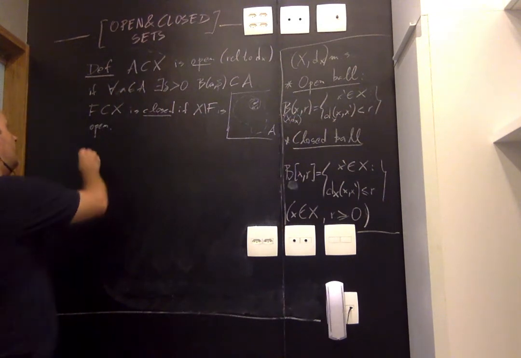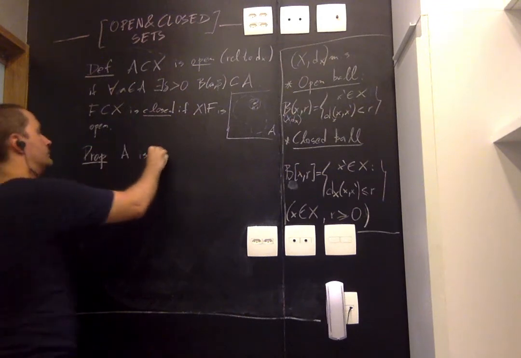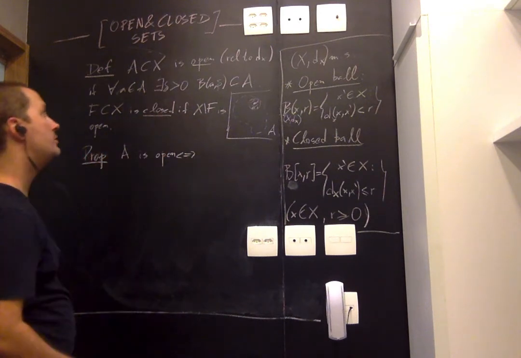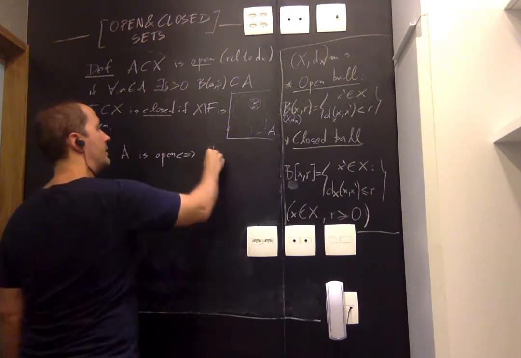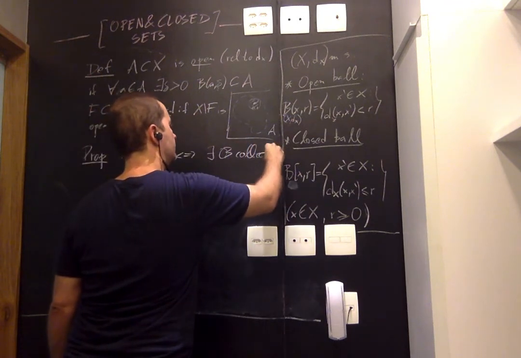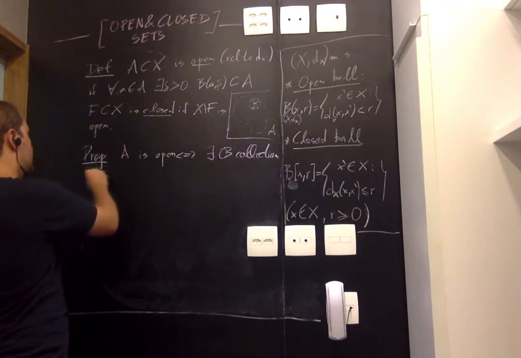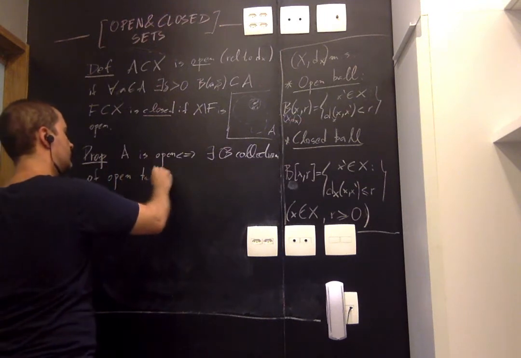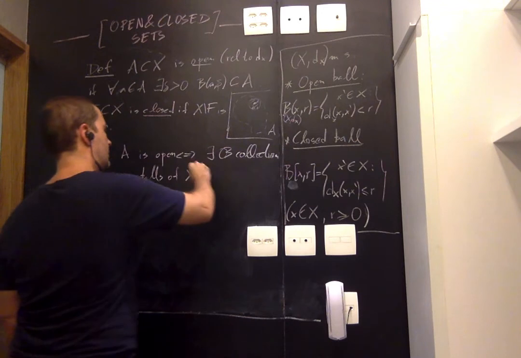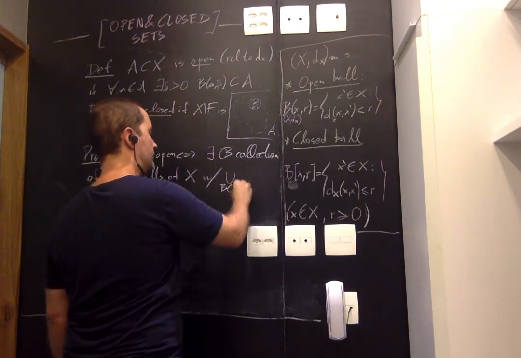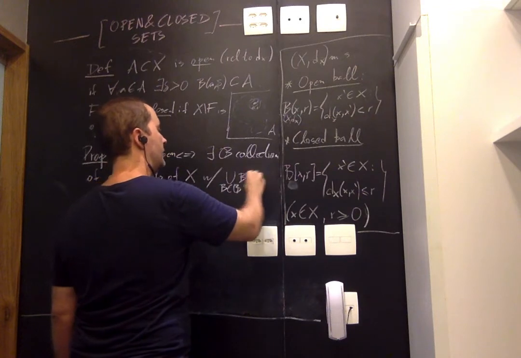A set A is open in X according to the metric d_X if there exists a collection of open balls of X whose union is equal to A.